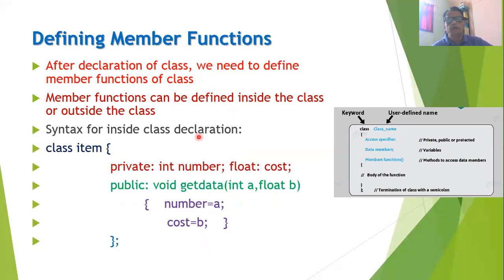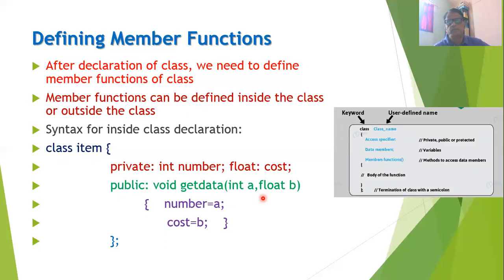Now, suppose we want to define a member function within the class. How can we do it? Suppose this is a class item, and these are the private data members number and cost. In the public category, suppose I have a function, the getdata function. Now I want to define this function only within the class itself.